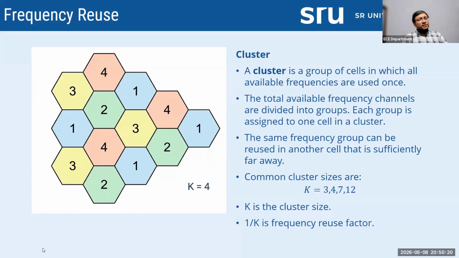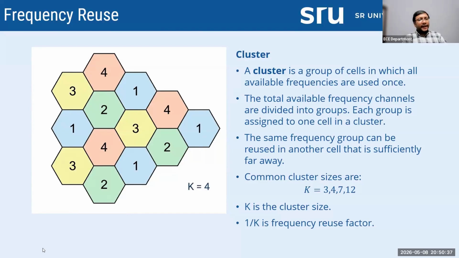Now, in this case, one question arises: when I am getting this K equal to 4, where K means the cluster size, then how am I getting this value 4 actually?